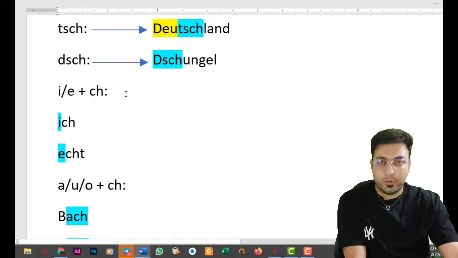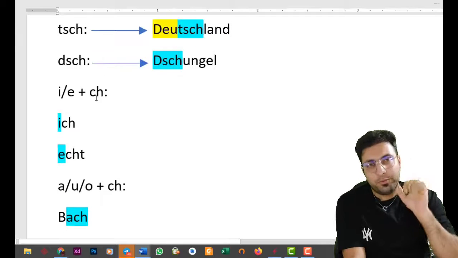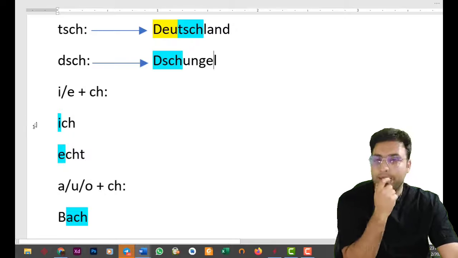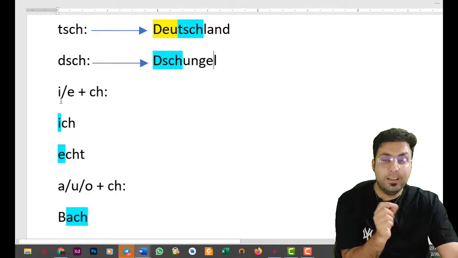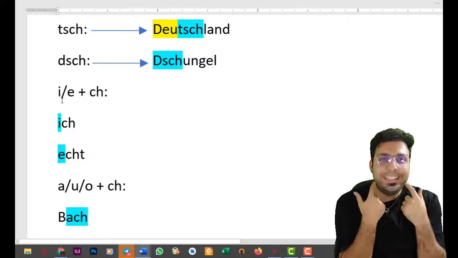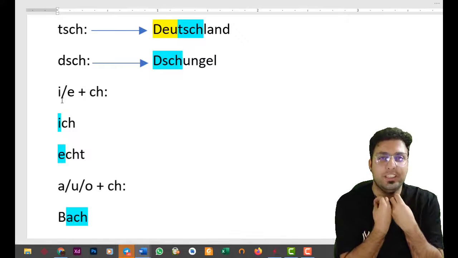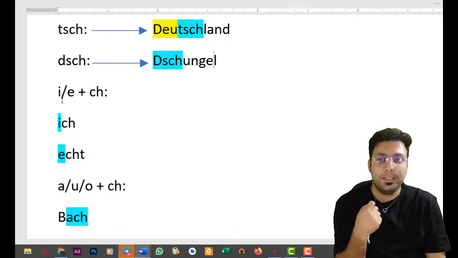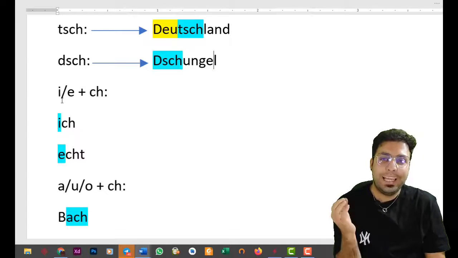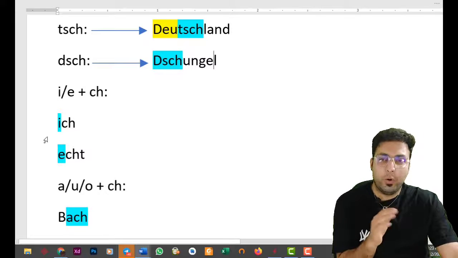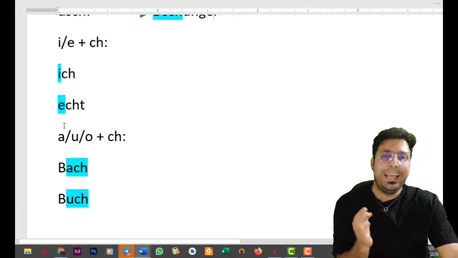If you remember, we have five vowel sounds. If two of them, I and E, come before CH, they have the soft sound. We pronounce it like that. So ich, because we have I before CH. Or echt.